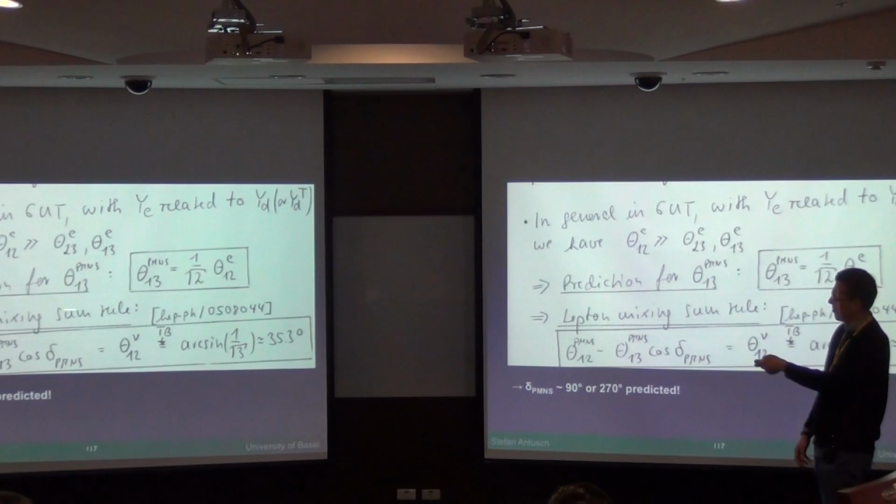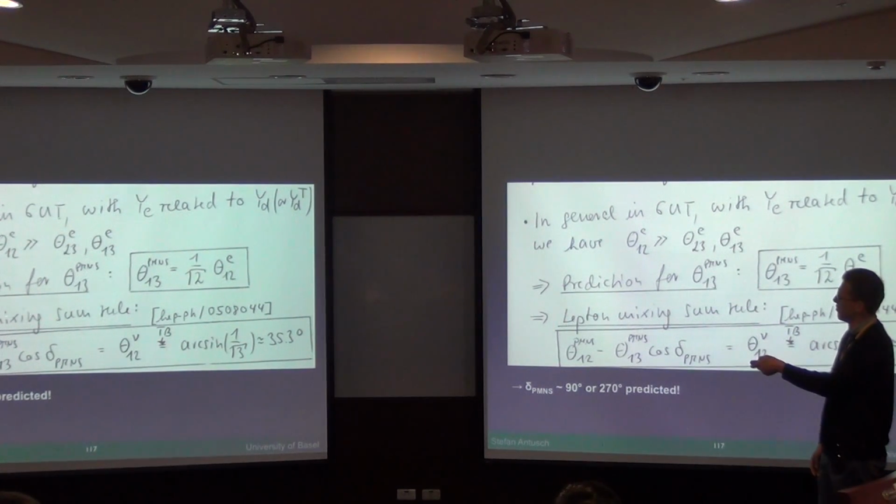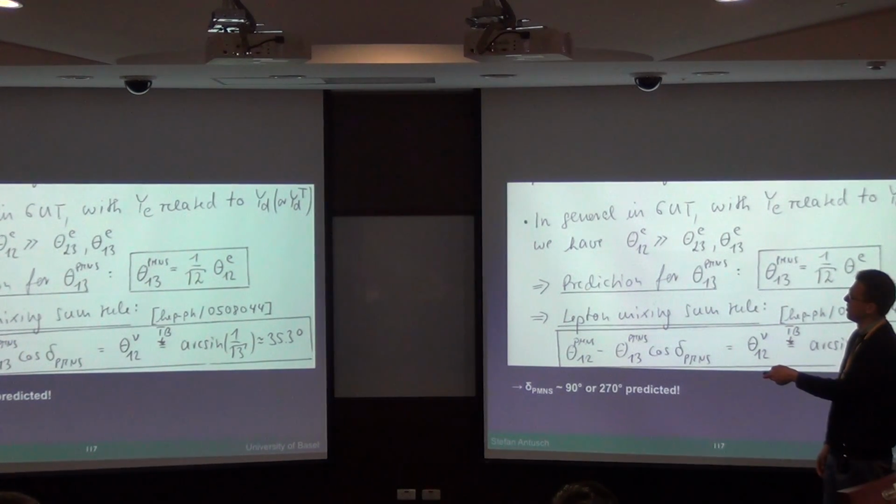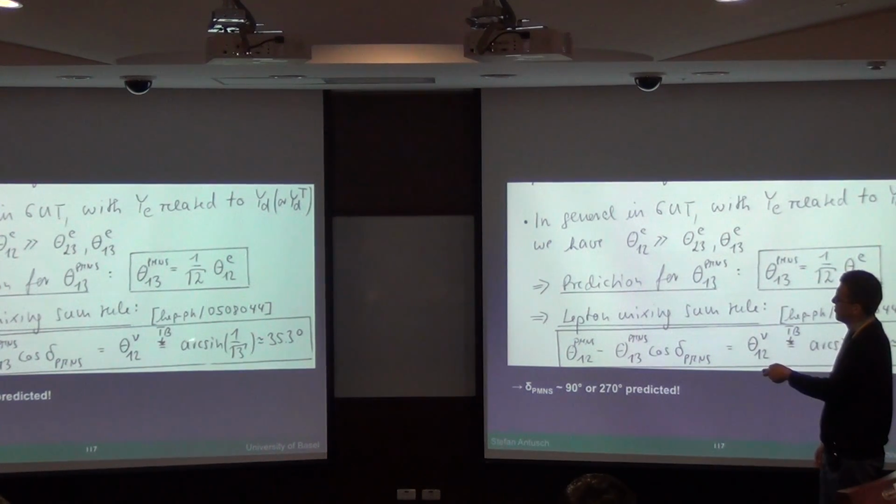So you have this here, which we call a lepton mixing sum rule: the 1-2 mixing in the PMNS matrix minus theta 13 over the square root of 2 times cos delta. These are measurable quantities, and this equals the 1-2 mixing in the neutrino sector. And if you have tri-bimaximal mixing here, then this side should add up to 35.3 degrees. So this is the value for tri-bimaximal mixing.